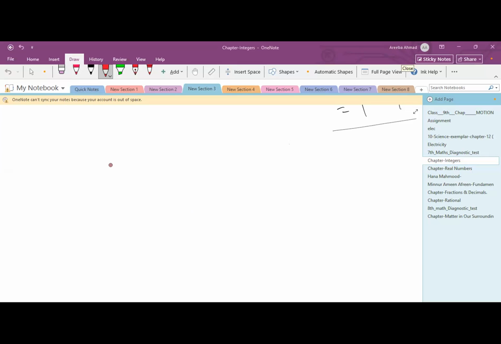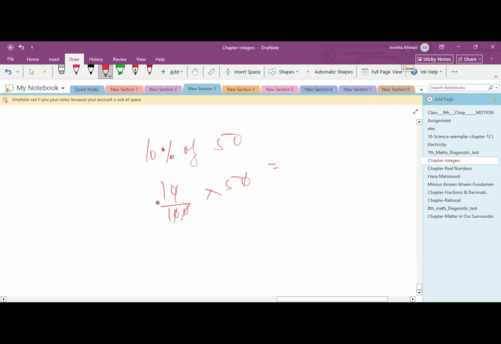Even in the case of percentages, if I'm saying 10% of 50, that means 10 by 100 into 50. So of always means multiply, no matter what the question is.